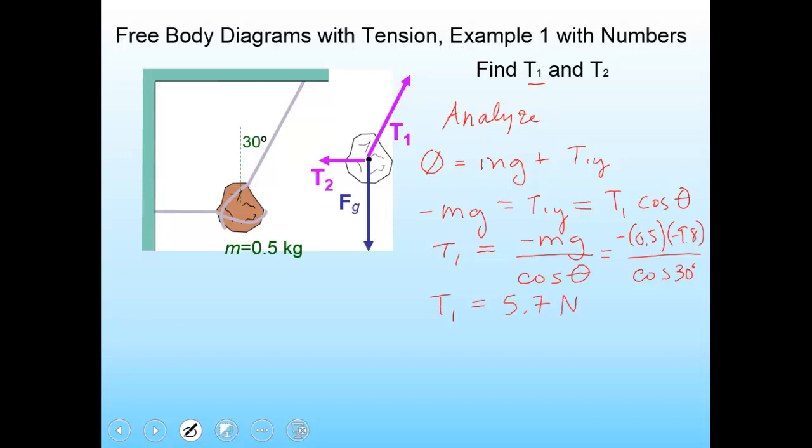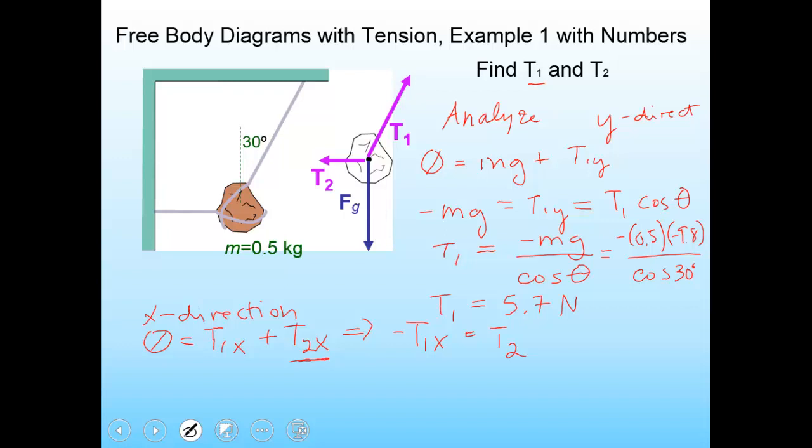All right, so this was the y direction. We can do the x direction separately. And in the x direction, we know that 0 is equal to T1 in the x direction plus T2 in the x direction, which is equal to just T2. So that gives us that negative T1x is equal to T2. Basically all of T2 is in the x direction, so I'll just call that T2.